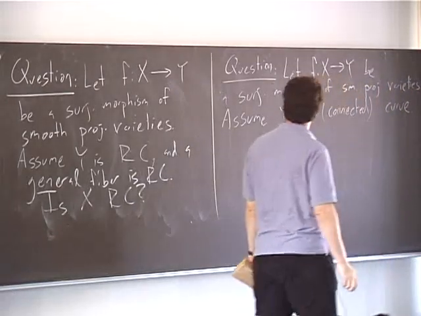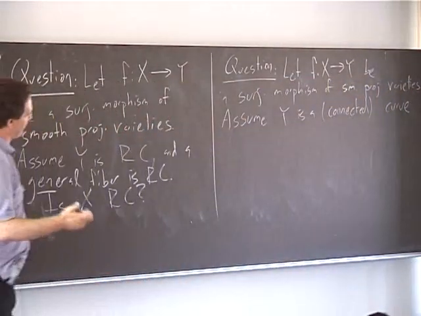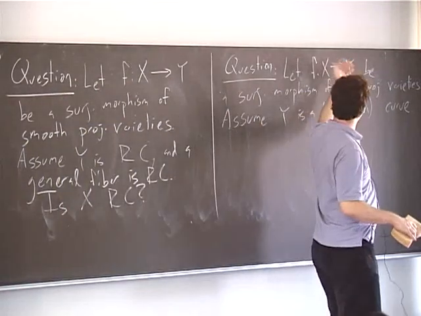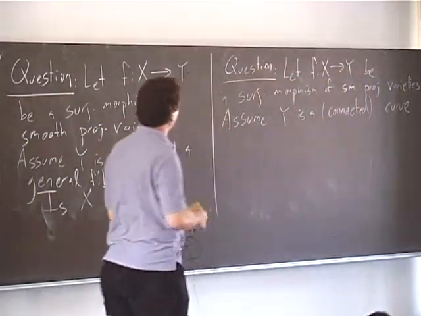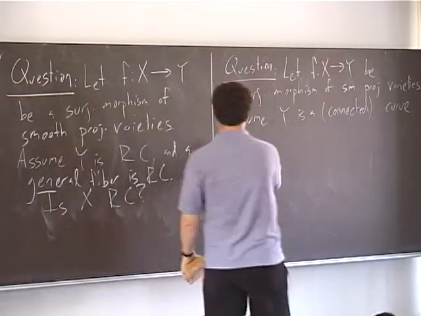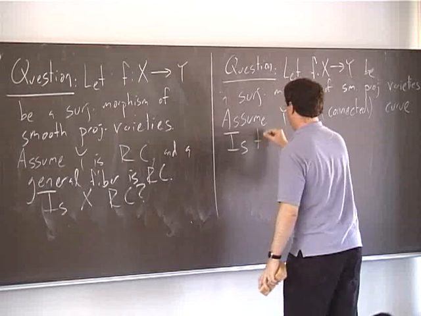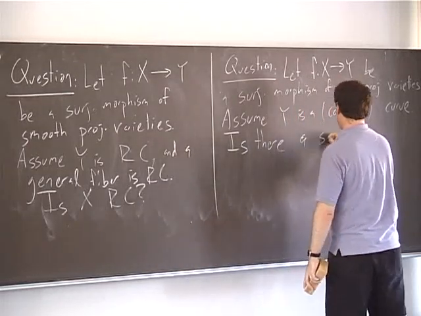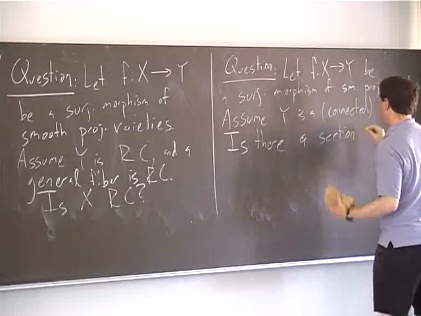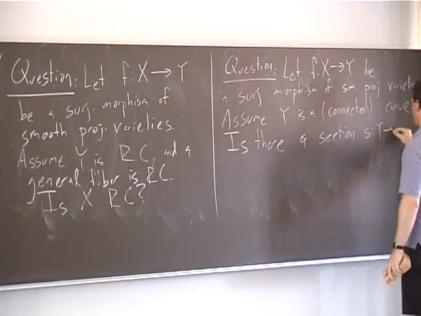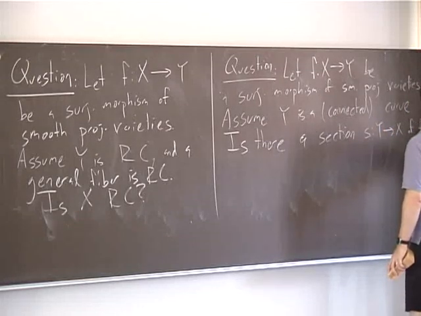Then the question is, does there exist a section? You could phrase this as saying, if you take the generic fiber of this, thought of as a variety defined over the function field of that curve, then does it have a rational point? So is there a section? This is the integral model version of the question of existence of rational points. So is there a section s from Y to X of f?